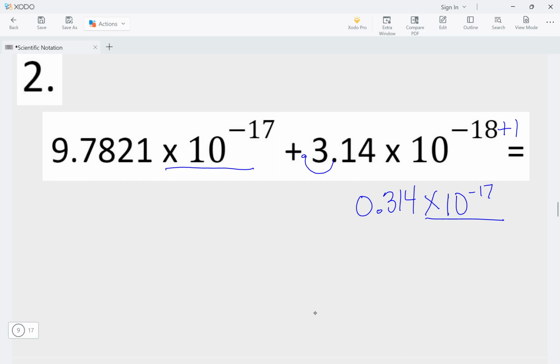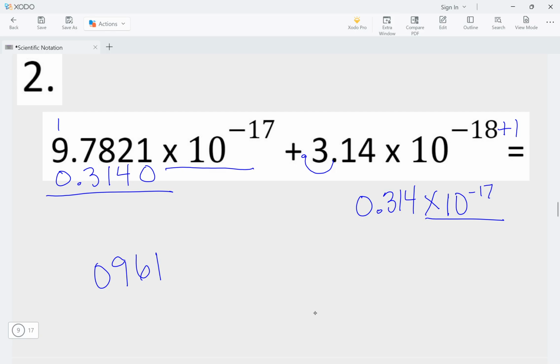So I'm just going to come over here and write it 314. That's a 0 for a placeholder. 1 plus 0 is 1. 2 plus 4 is 6. This is 9. This ends up being 10.